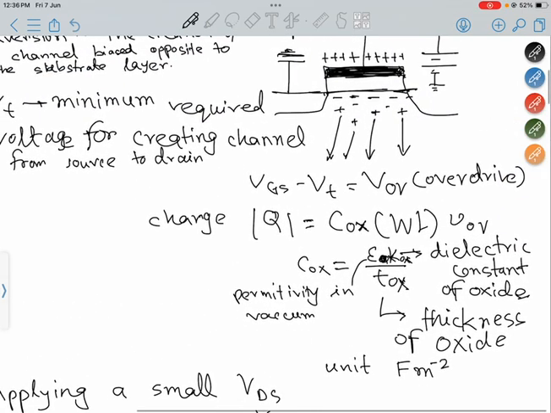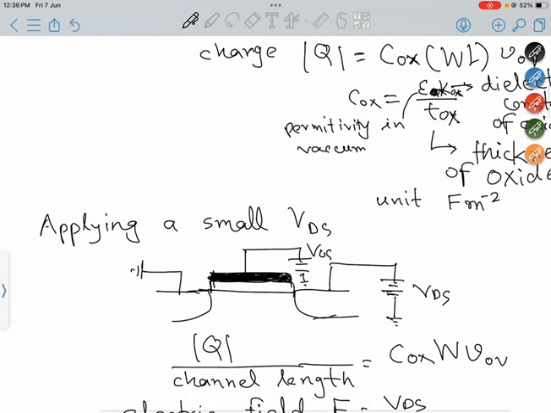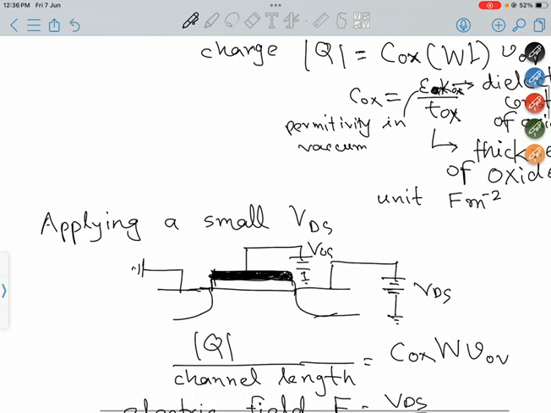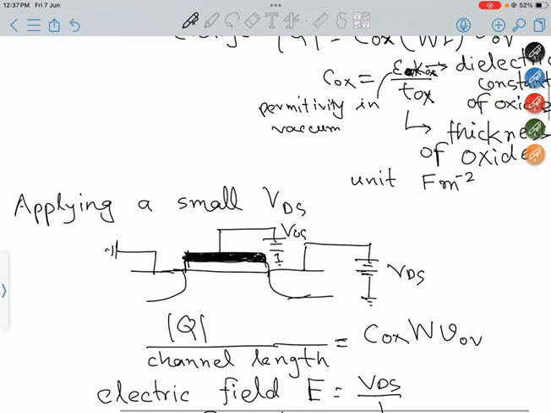So now the channel is created, and the current will flow provided there is a bias between source and drain. First of all, we apply a very small bias between source and drain terminals. After applying the bias, we find that charge per total channel length equals Cox W VOV, or overdrive voltage.